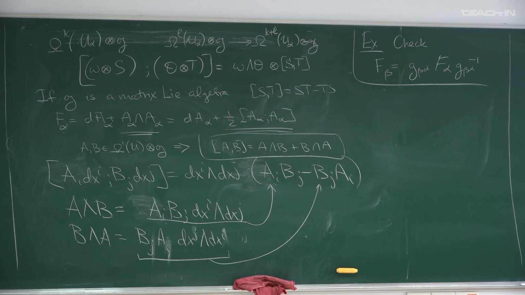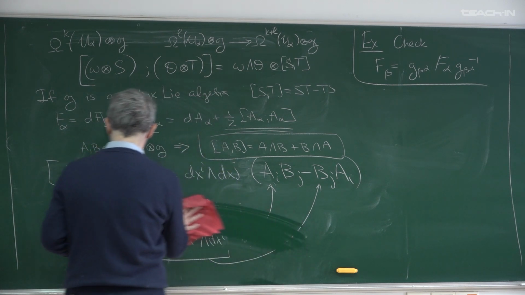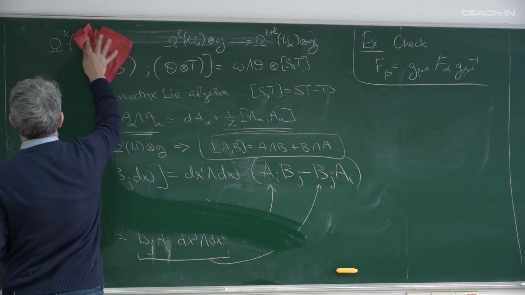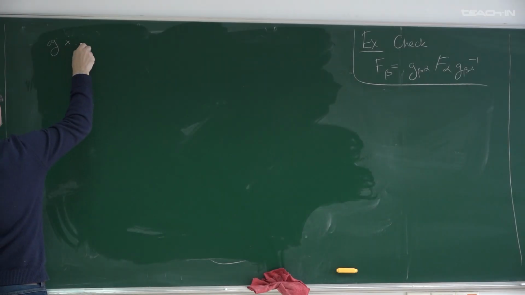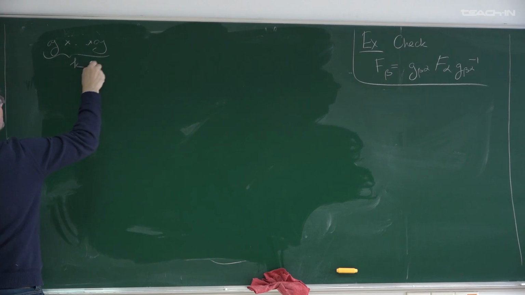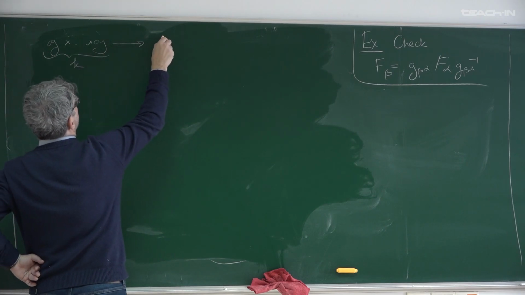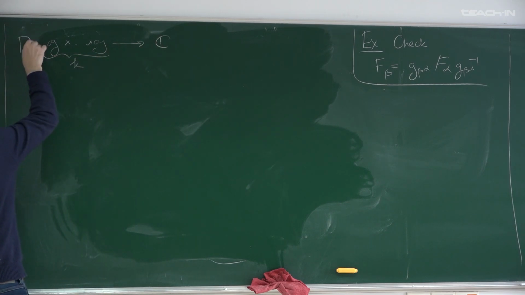So it's time to do something interesting. Okay, let me erase everything, and we pass to the definition of characteristic classes by curvature and the notion of an invariant polynomial. Okay, let it be complex numbers.